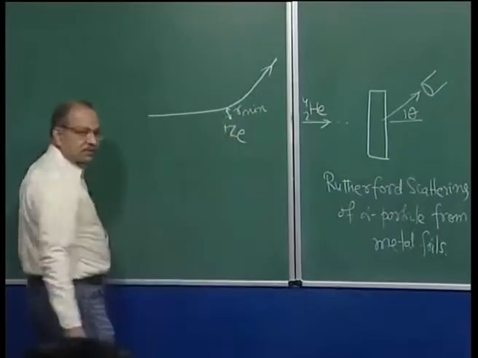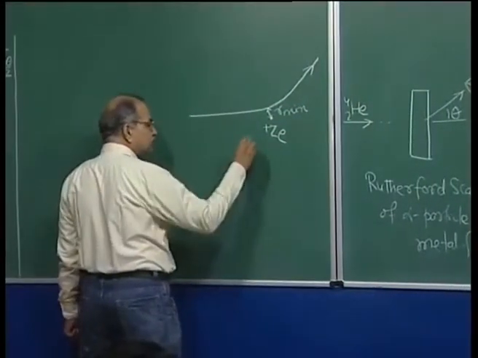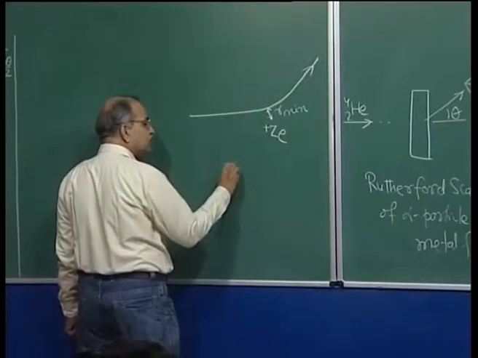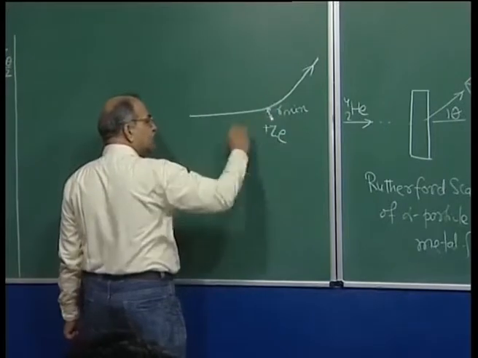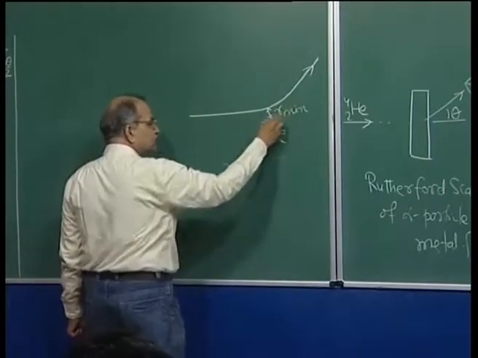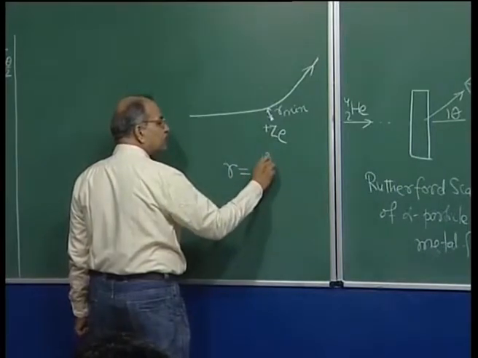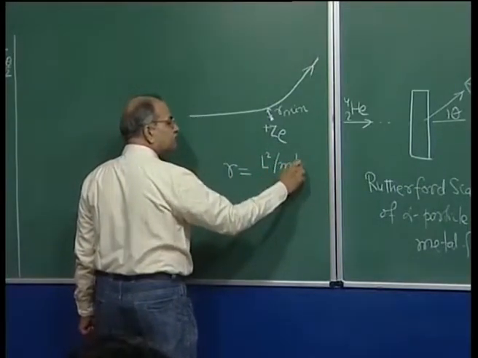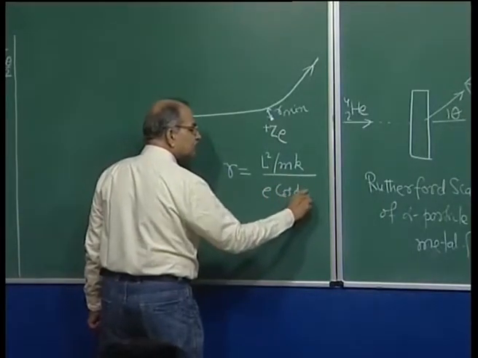So, if you write the whole equation, I do not need that, but still the equation would be, if I take this as origin and r, theta, with the symmetry axis, r will be given by L squared by m k, over e cos phi minus 1.